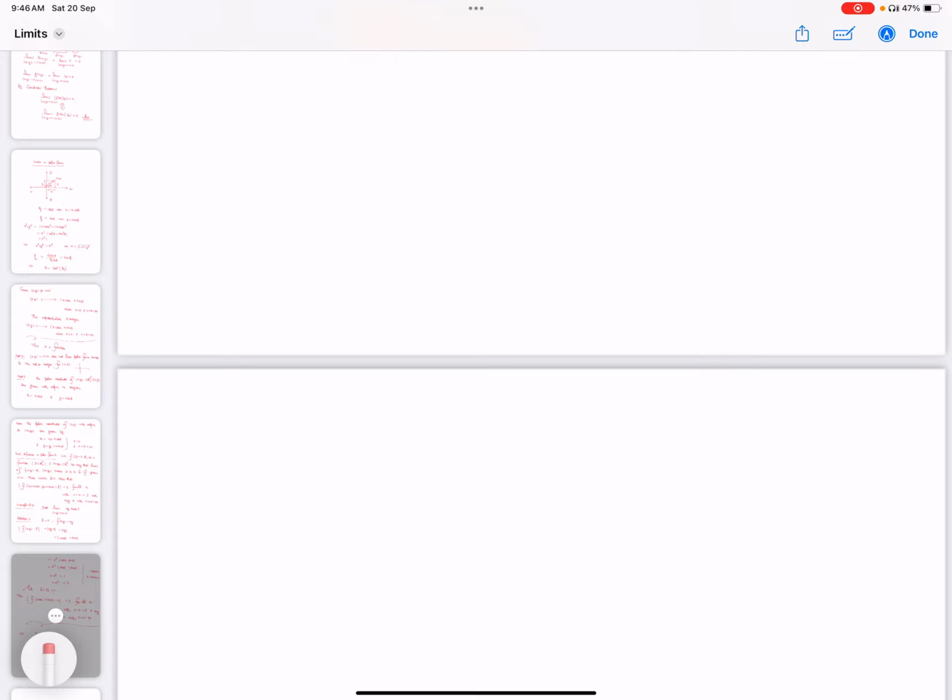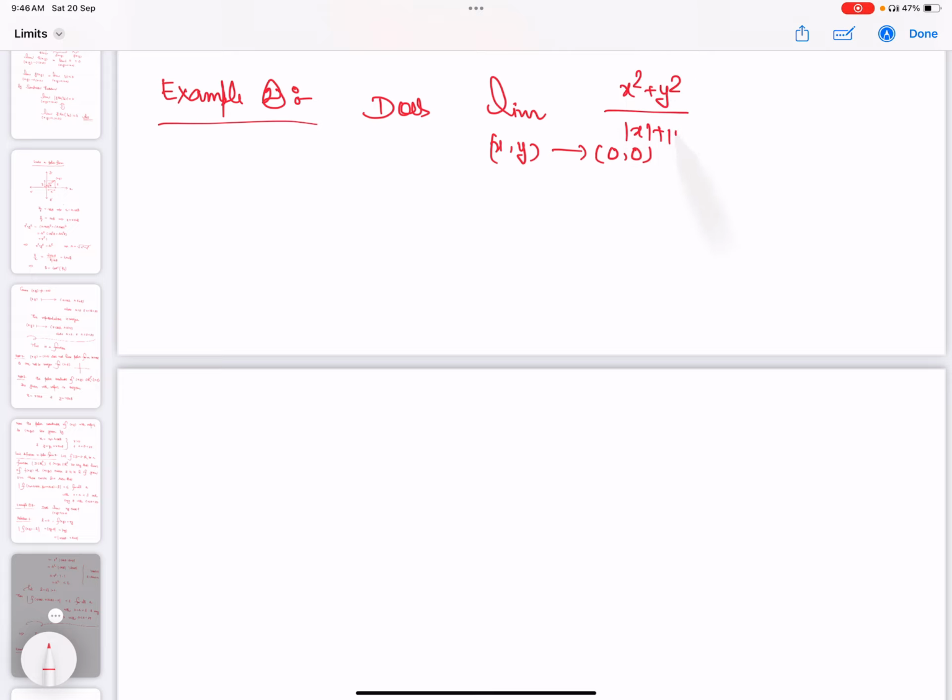Example 2: does the limit as (x, y) tends to (0, 0) of x square plus y square upon mod x plus mod y exist? Solution. The limit will be 0 actually; we guess the limit will be 0.